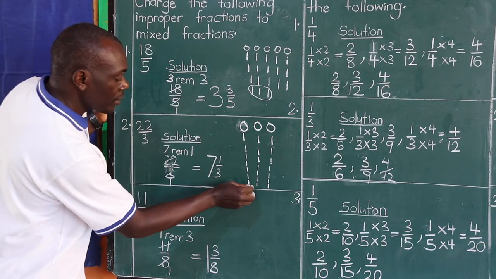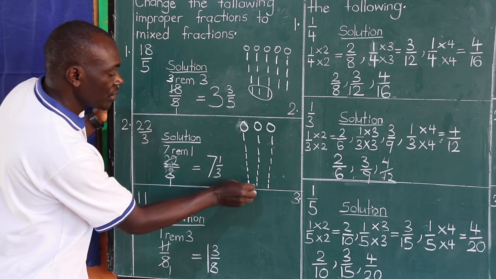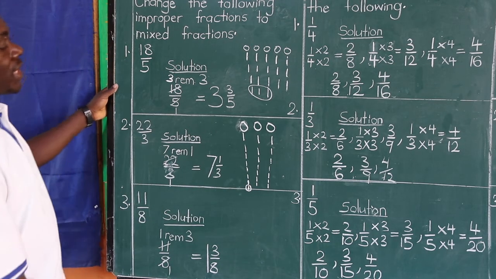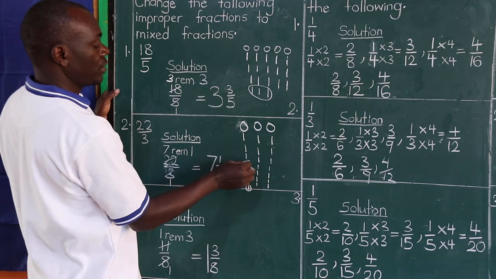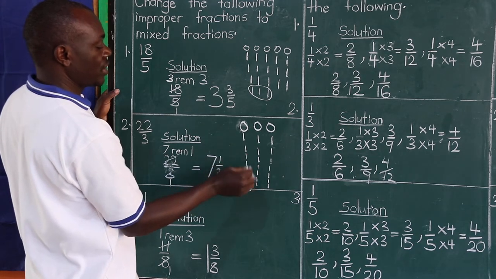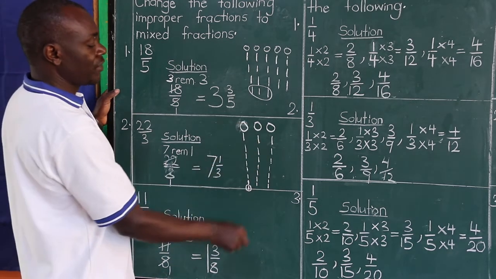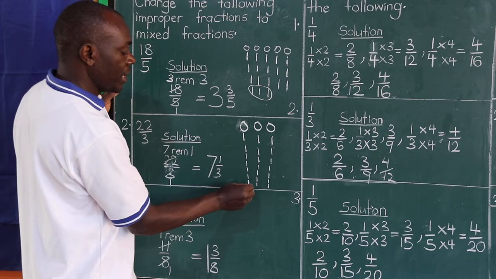So this one remains undivided. Then we count the wholes that have come out: 1, 2, 3, 4, 5, 6, 7. So each of them gets 7 and 1 remains.